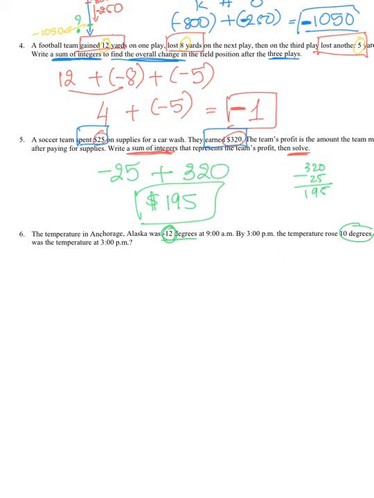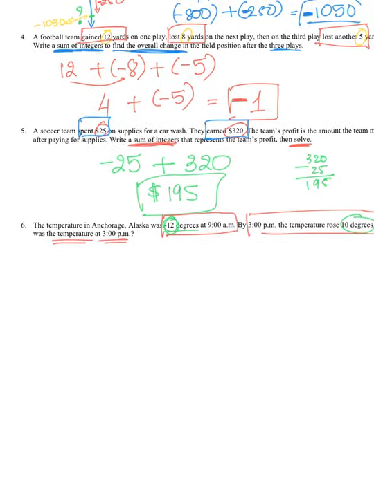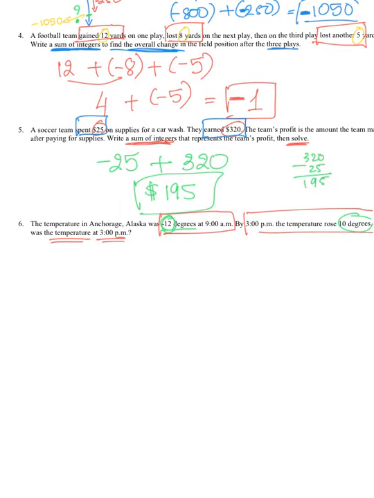Let's underline the question. What is the temperature at 3 p.m.? And the keyword. So Alaska is negative 12 degrees at 9 o'clock and it rose 10 degrees by 3 p.m. And then they ask what was the temperature at 3 o'clock.